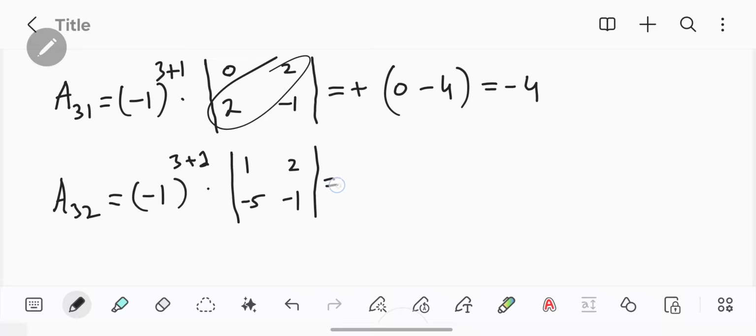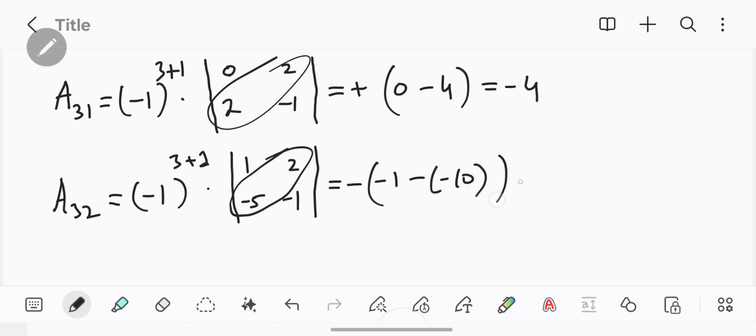If I simplify this value, since minus 1 to the power 3 plus 2 is 5, which is an odd number, I will write minus, times the determinant of this, which is obtained by multiplying these two values. If I multiply 1 with minus 1, I will get minus 1, minus the product of these two. If I multiply minus 5 with 2, I will get minus 10.